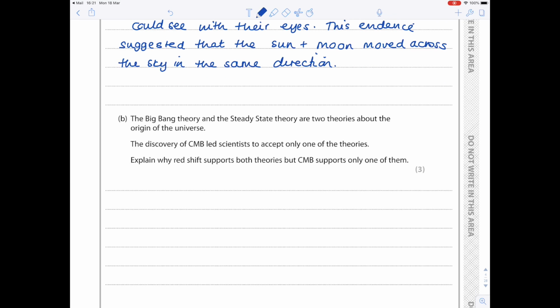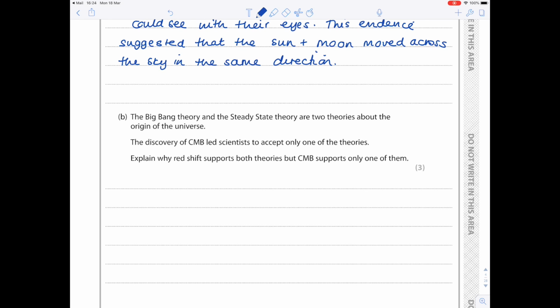B. The Big Bang theory and the steady state theory are two theories about the origin of the universe. The discovery of CMB led scientists to accept only one of these theories. Explain why redshift supports both of these theories, but that CMB supports only one of them. So we need to make some very basic comments, first of all, about what these two theories state and what they have in common.